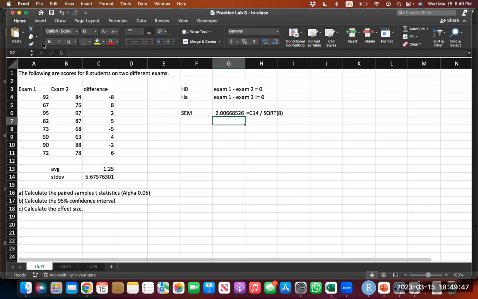That's where the population principle applies, right? So now we have a standard error of the mean. That's the characteristic of our comparison distribution.